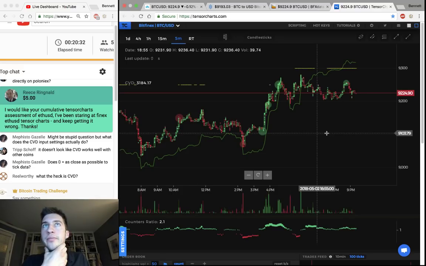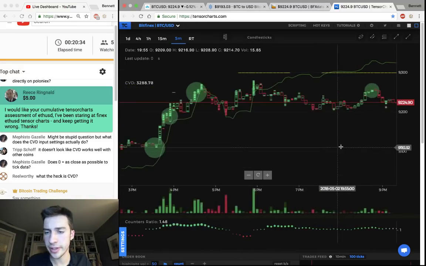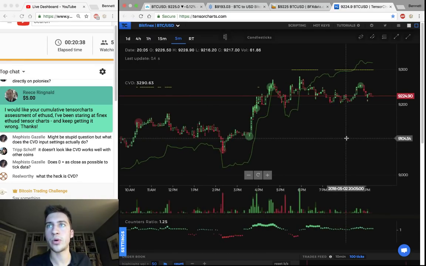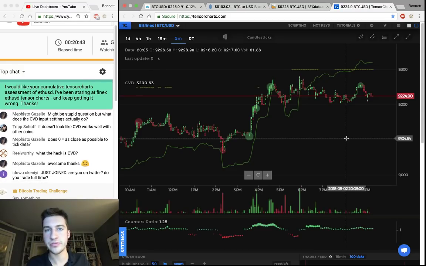So if you get 2 candlesticks, like here and here, and let's say one was 40 Bitcoin market bought, the other was 70 market bought, then CVD would just be 110.